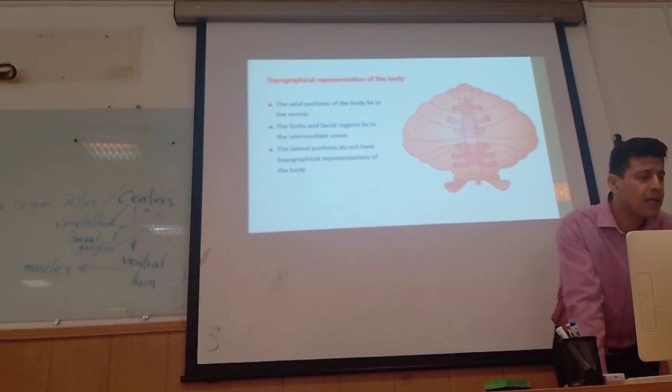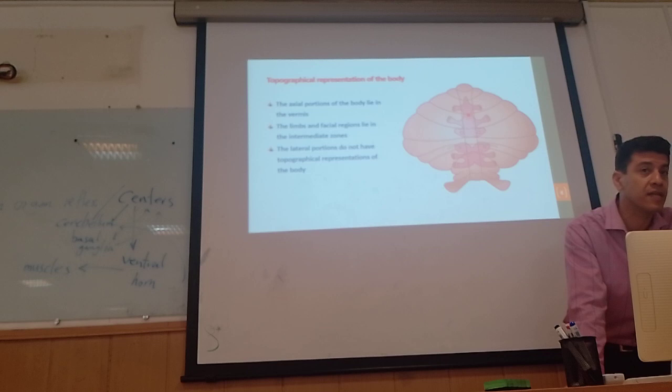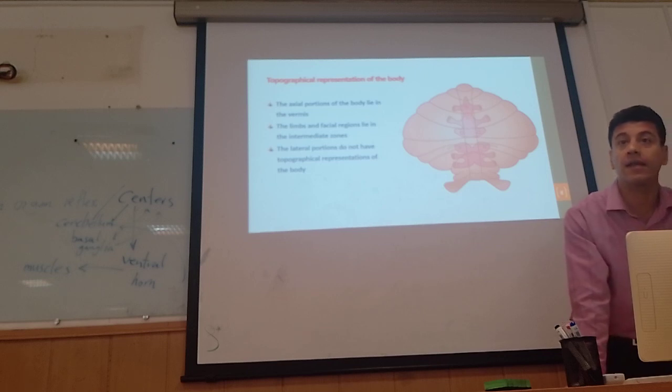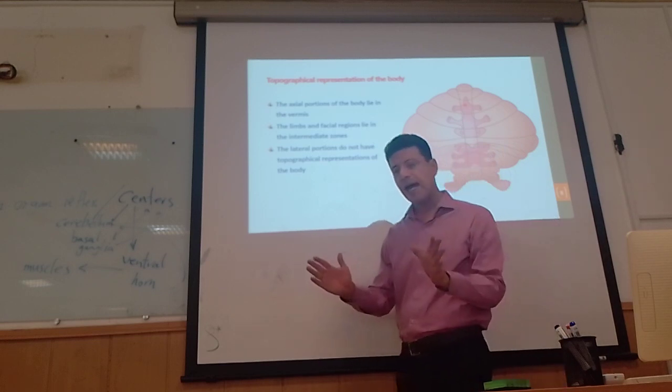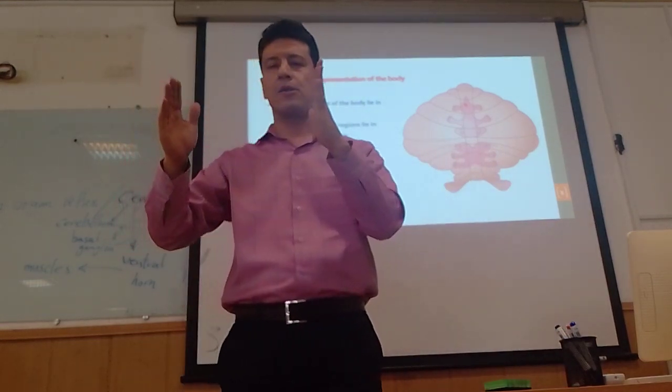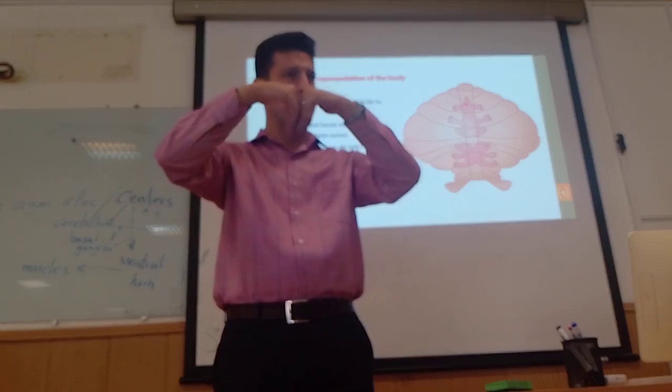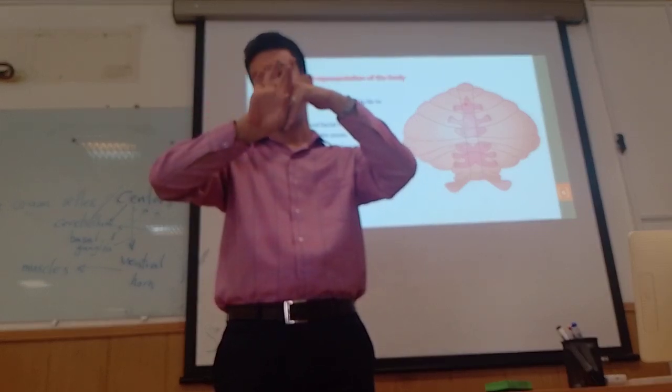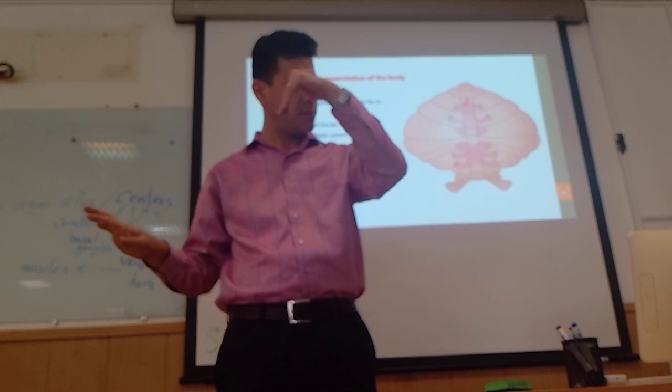Now, let's see the topographical representation of the body in the cerebral cortex. You know that in the motor cortex we have a motor map of the body. Remember, the legs are located between the hemispheres, and the face is located laterally, most lateral.